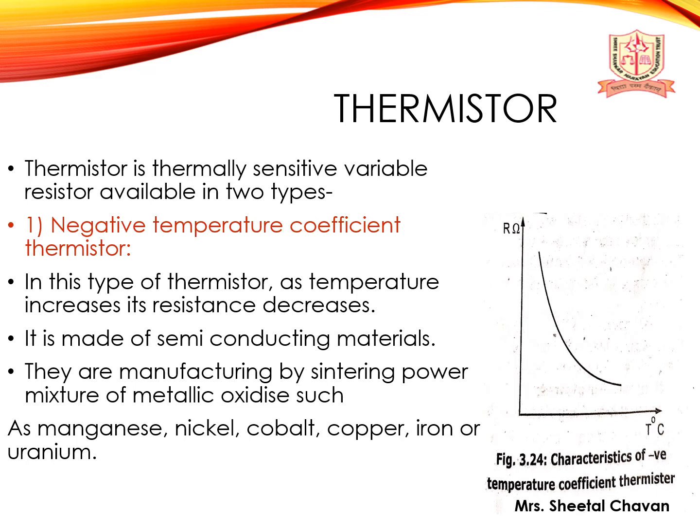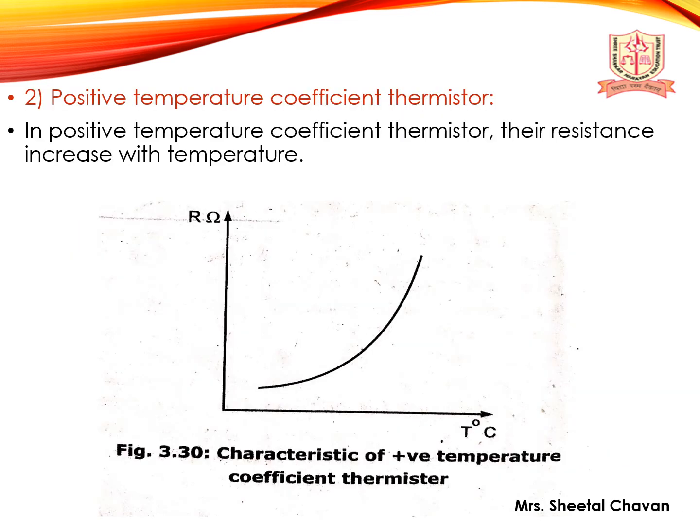They are manufactured by sintered powder mixture of metallic oxides such as manganese, nickel, cobalt, copper, iron or uranium. In figure number 3.24 you can see the characteristics of negative temperature coefficient thermistor. As the temperature increases, its resistance decreases.